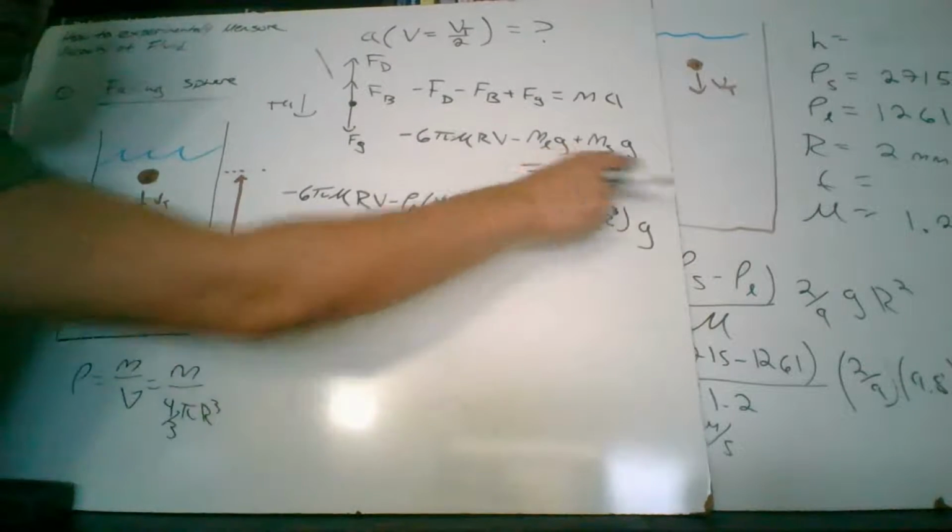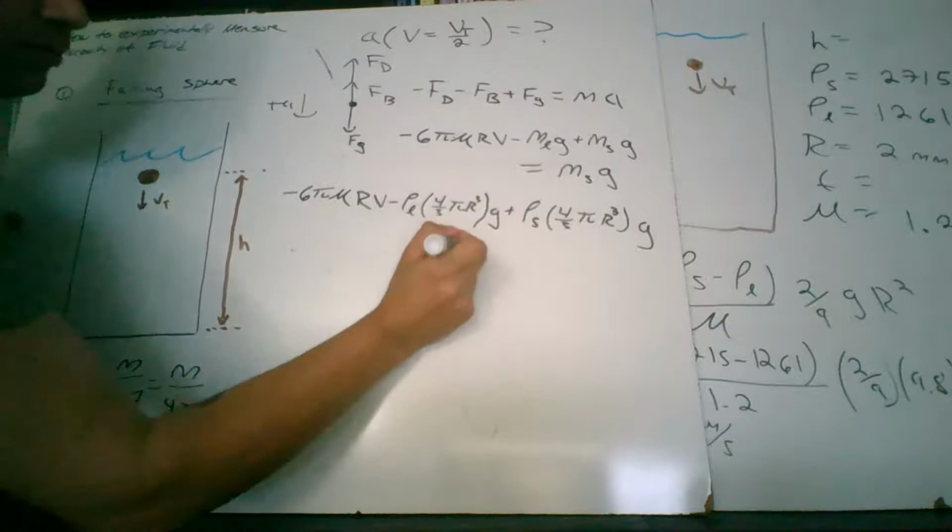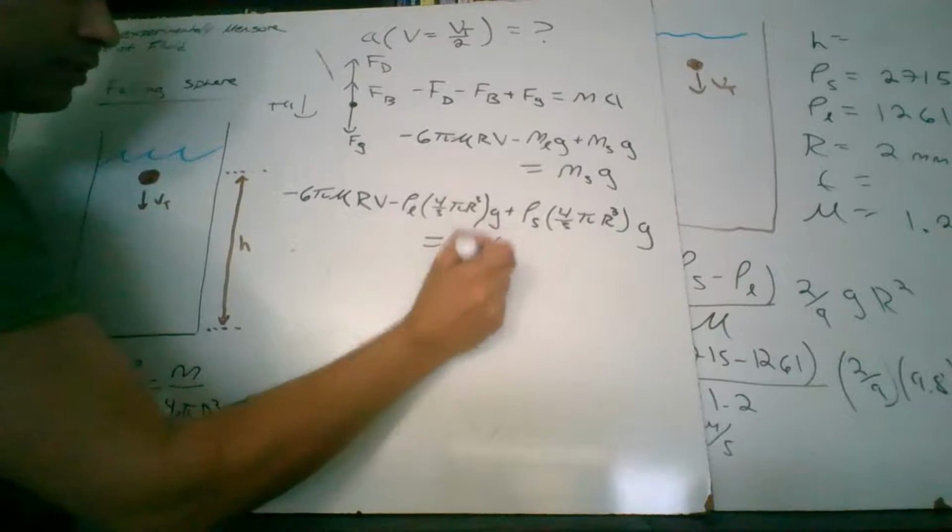So that is the mass of the solid times gravity, and all of that is equal to rho solid.